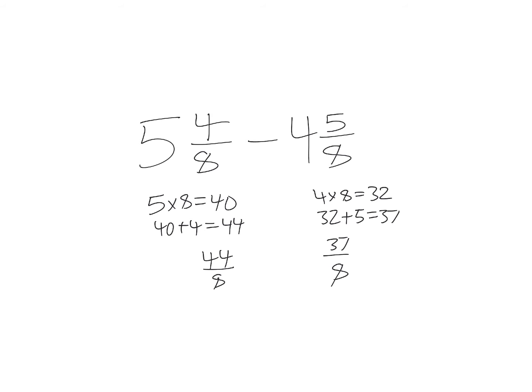So we're in the same unit, same denominator, which is what we want, a common denominator. And then now we can subtract 44 minus 37. I've got to borrow a 1. 14 minus 7 is 7. 3 minus 3 is 0. So I have 7.